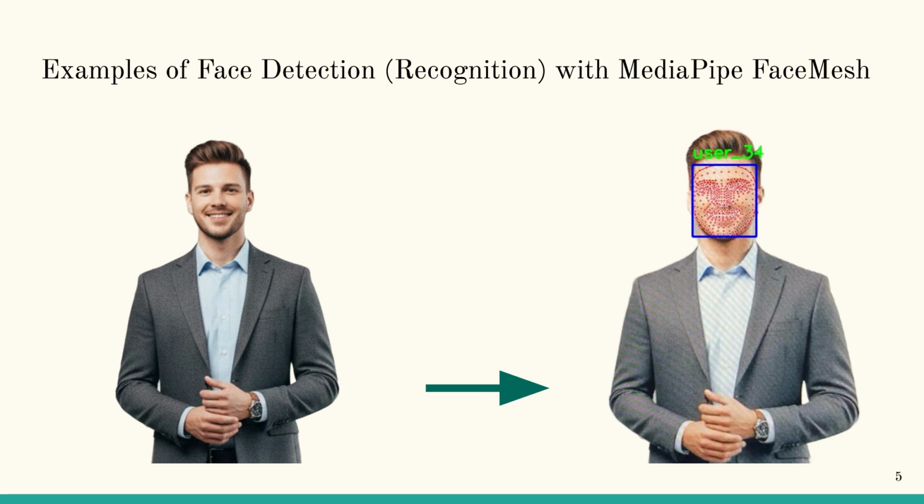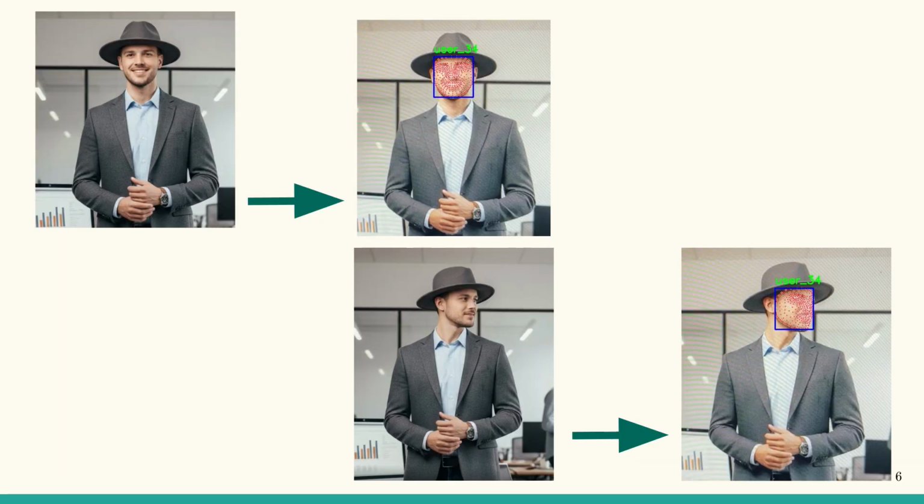The ROI is the target of the system. Also here is presented the robustness of the system. As you can see, face rotation or the orientation of the human head doesn't influence recognition, and it's still user 34.